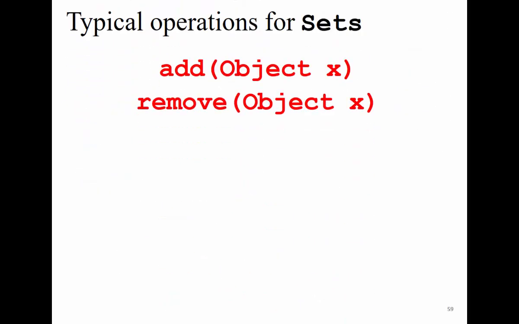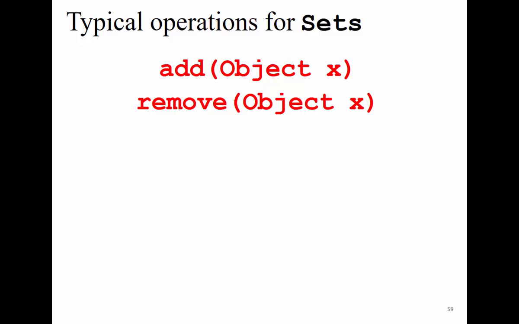So we can interact with the set by adding an object and removing an object. Why can we not ask to remove the element at index 0 in the set? We have this option on the list. We can ask remove index 0, which allows us to remove the element at index 0.